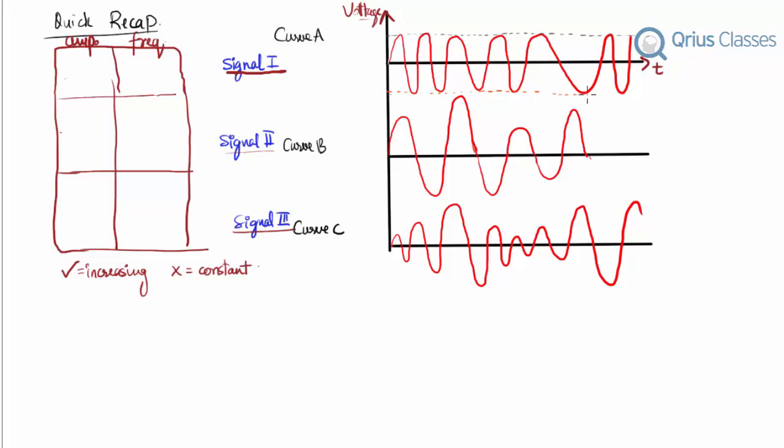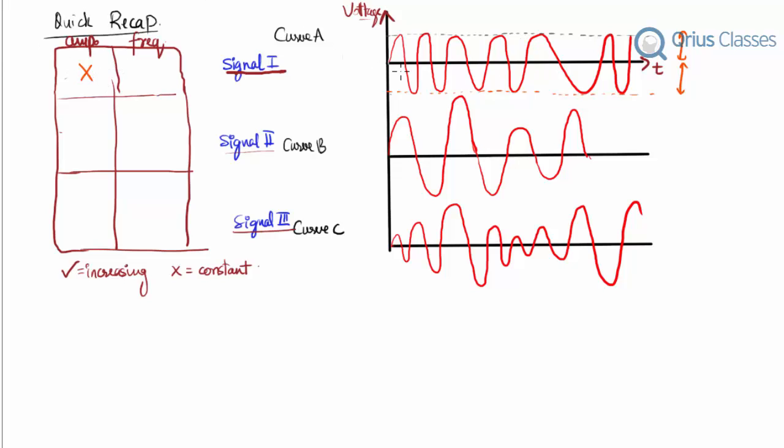We see that all the variations in the values are there, but the maximum and the minimum variation in the values is constant. The maximum on the positive side is only this much, and the maximum on the negative side is also this much. So we can say that the amplitude of signal 1 is not varying.